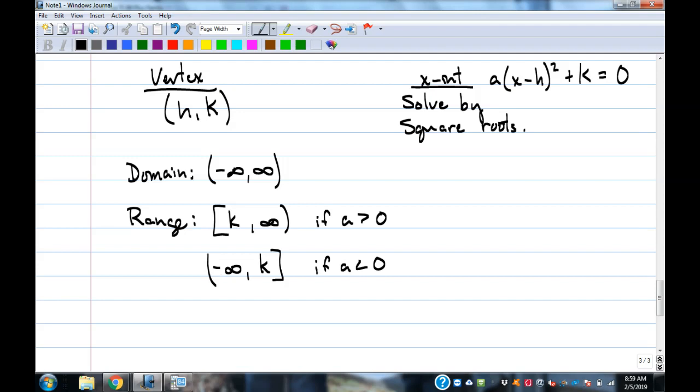So you can get domain and range if it's in vertex form without doing any calculations as far as that goes. Just look at A, and then K is going to be your value because that's the y value of the vertex, just like it was in standard form.